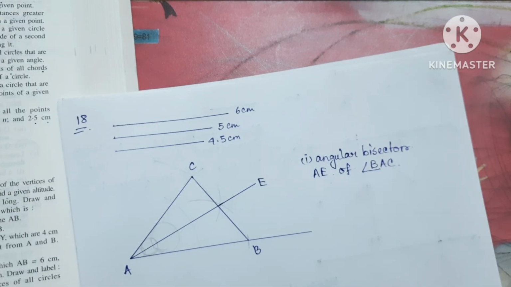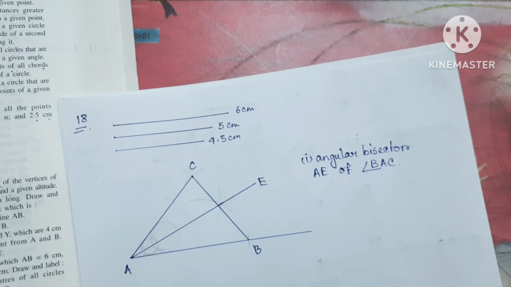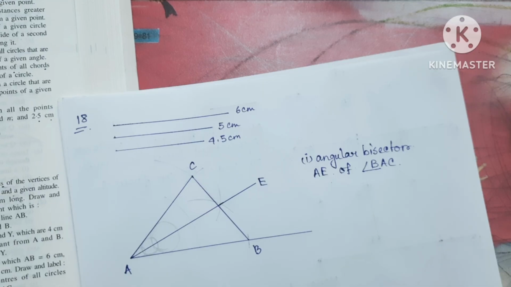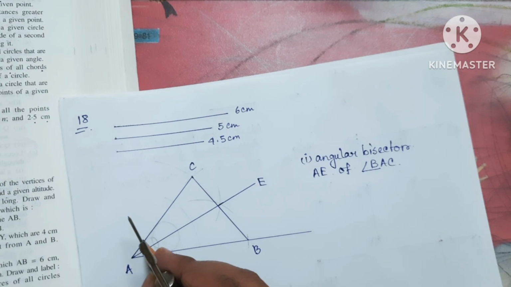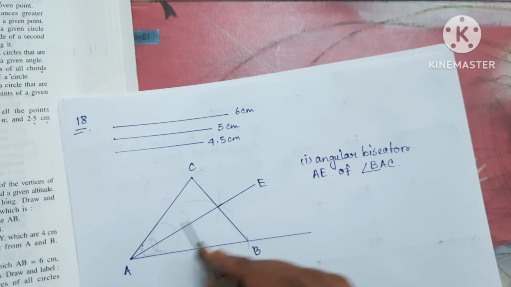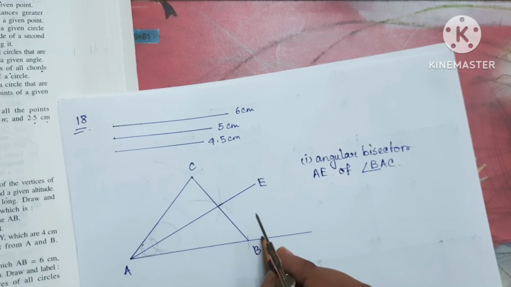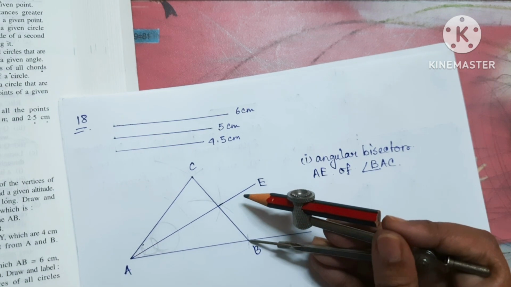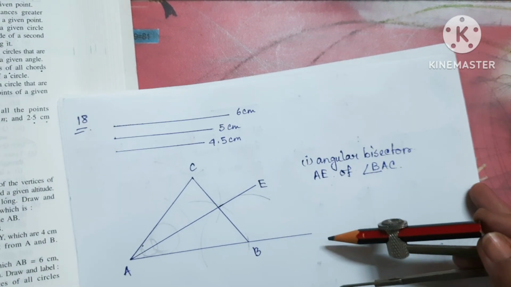Now you have to find the locus of the centers of all circles of radius 2 cm which touch AB. Radius 2 cm means all the centers will be 2 cm away from AB. That means it will be a line parallel to AB, at a distance of 2 cm from AB. So you just need to draw a parallel straight line at a 2 cm distance.